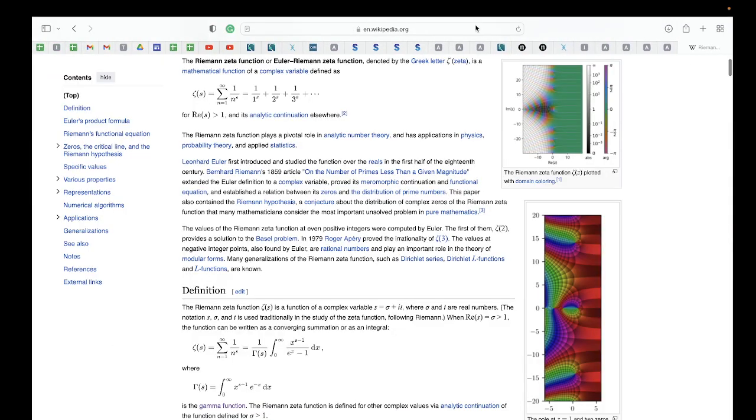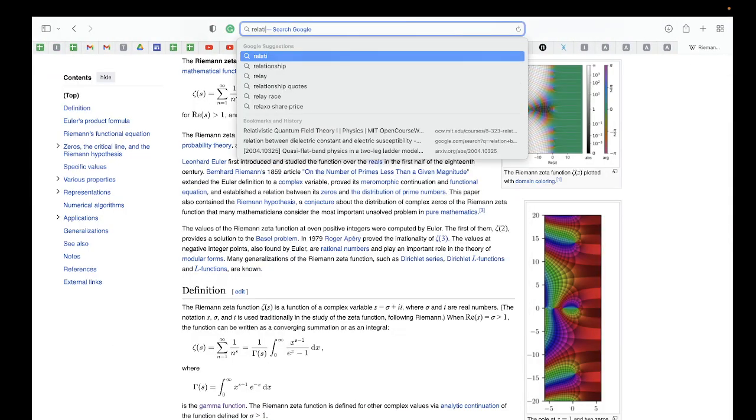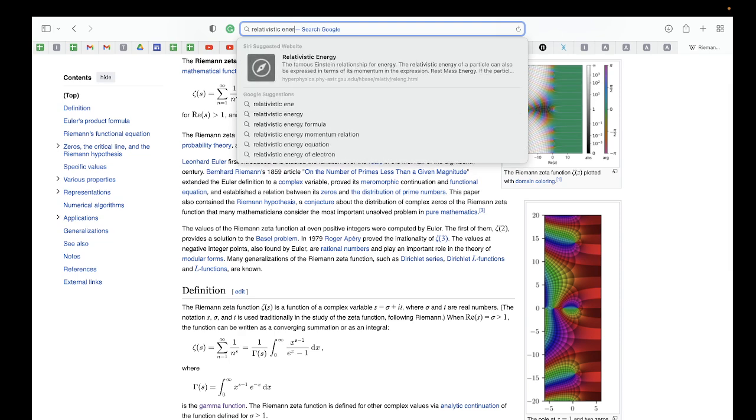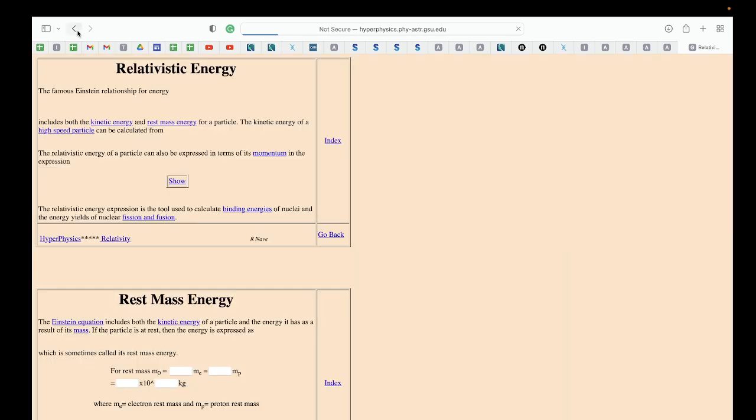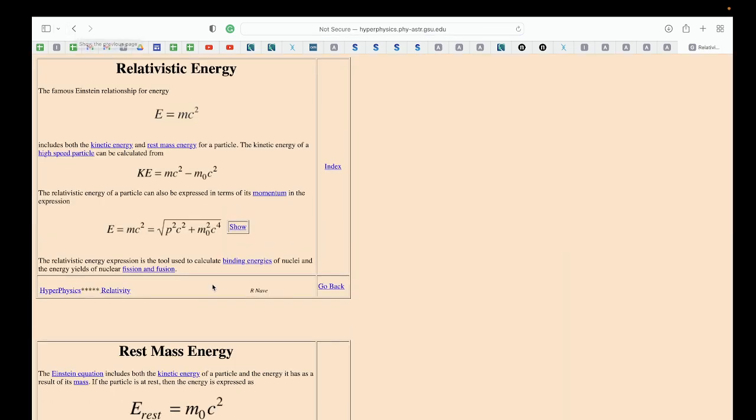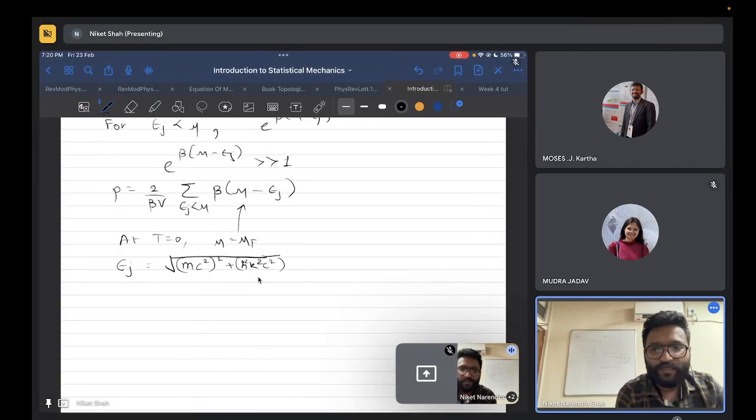Just let me check once. I think this is the correct expression. Yeah, so we have p square into c square, right? So my bad. This is p square into c square. So h bar square k square into c square. This is my epsilon j, right?